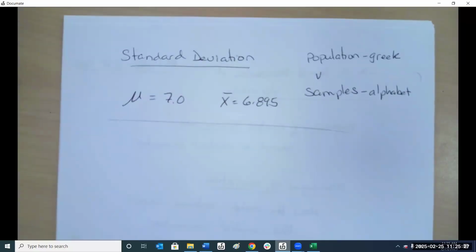Deviation is how far something is from something else. What we're looking at here is how far our data set is away from our average. That's a deviation.